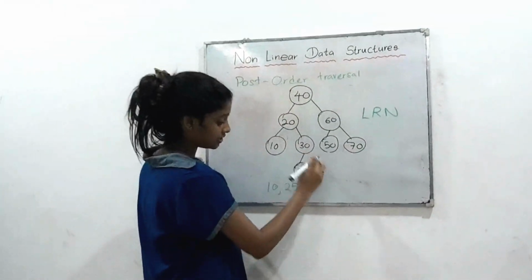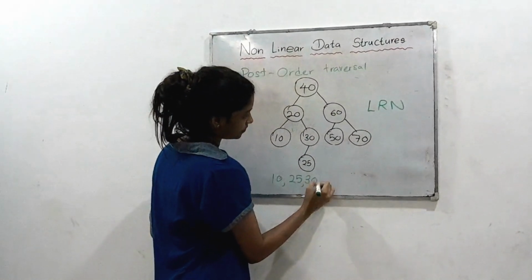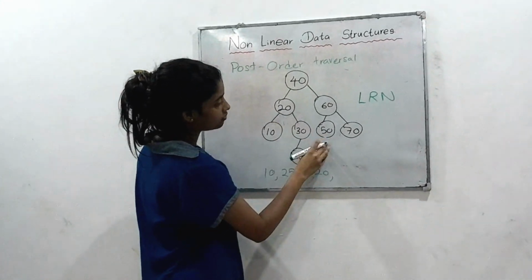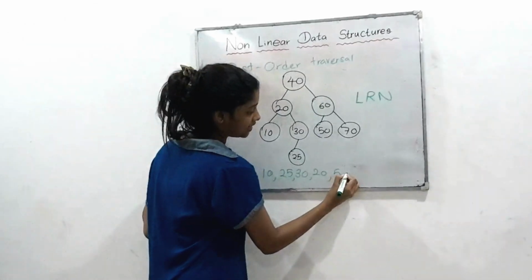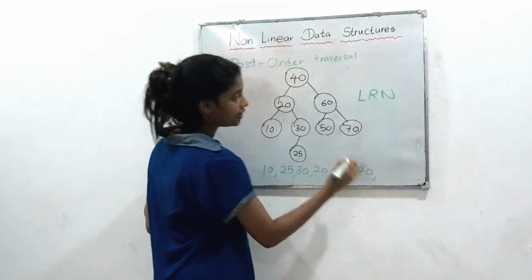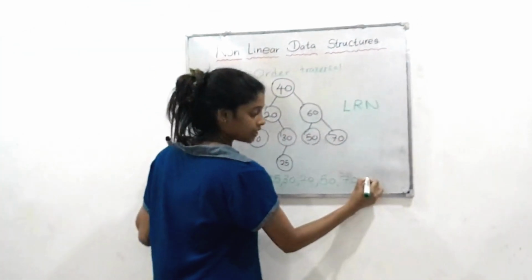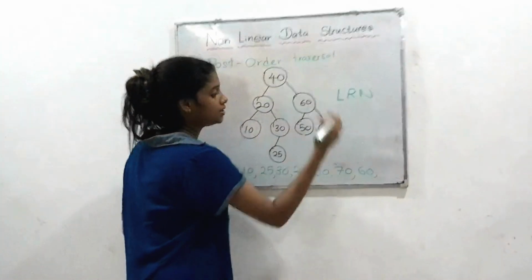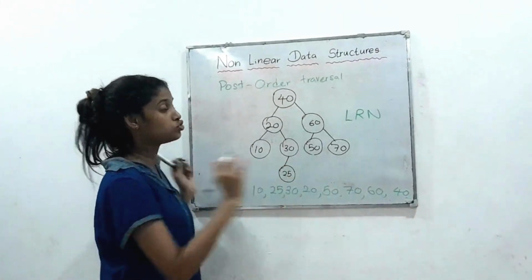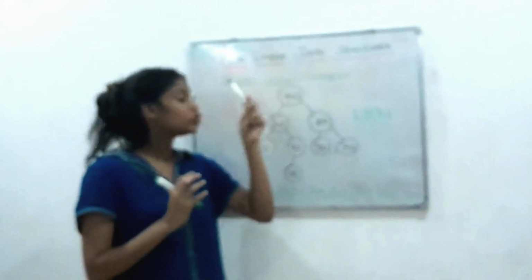Then 30. Then we have 20. Then you have 50 in left side. Then you have 70 in your right side and the 60 next and the root node is last. So this is how you have to show post-order traversal.